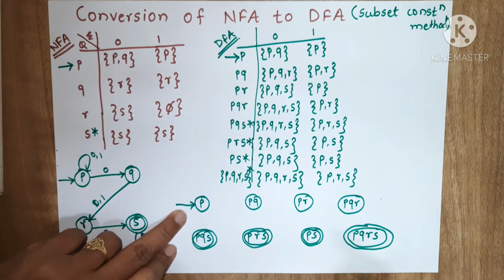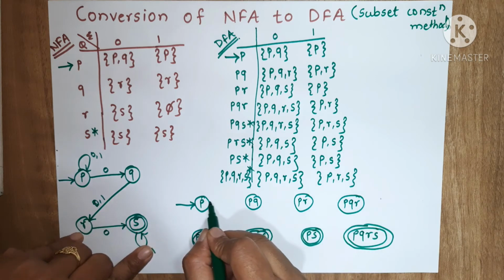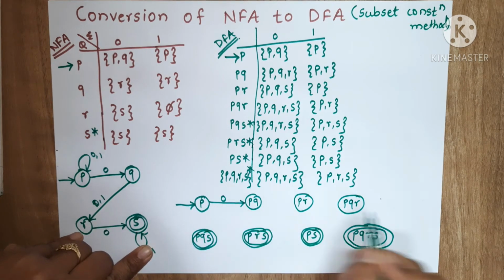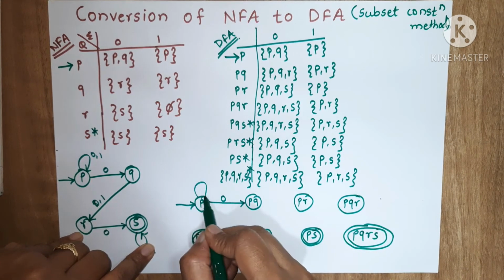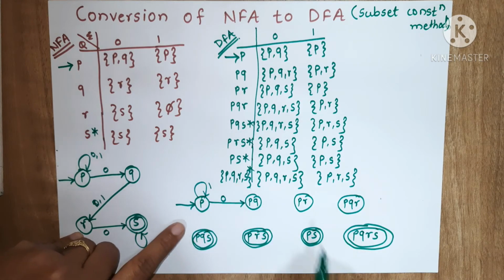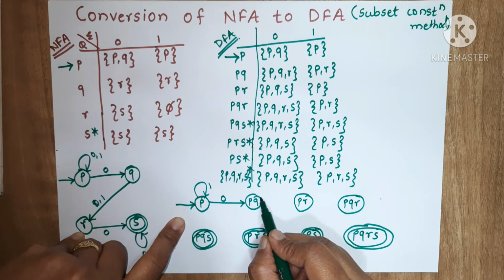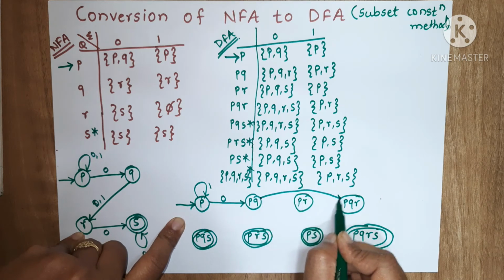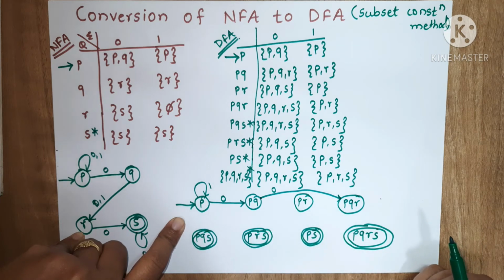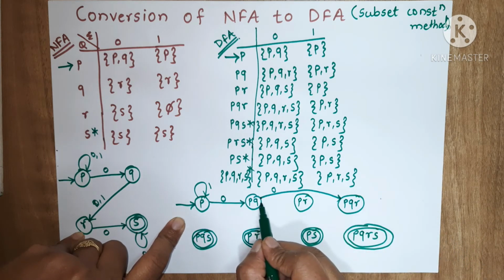Now P on 0, where is it going? PQ. P on 1, it remains in the same state. Then PQ on 0 goes to PQR, and on 1 it goes to PR.